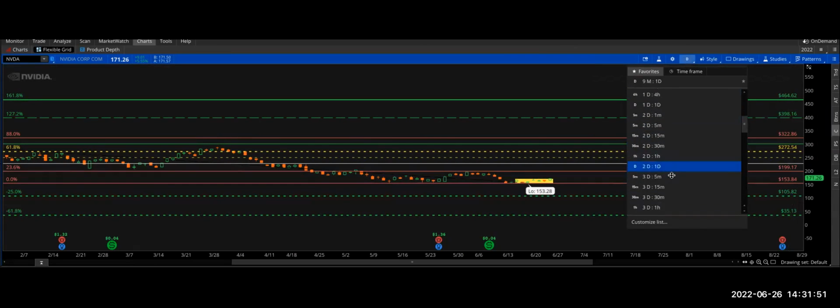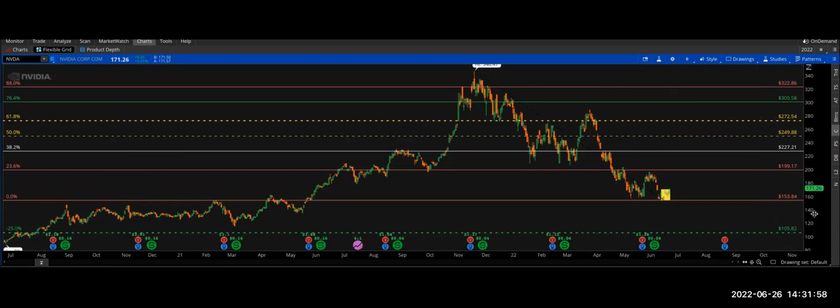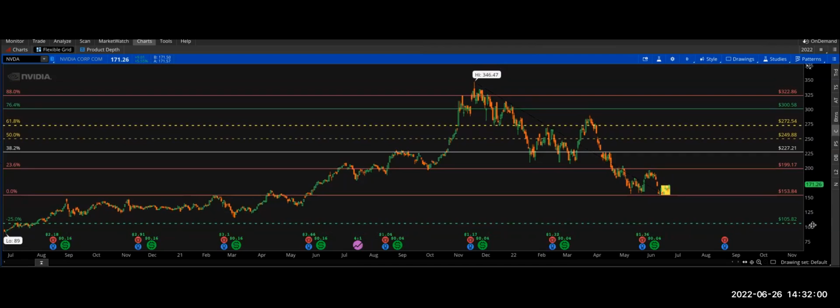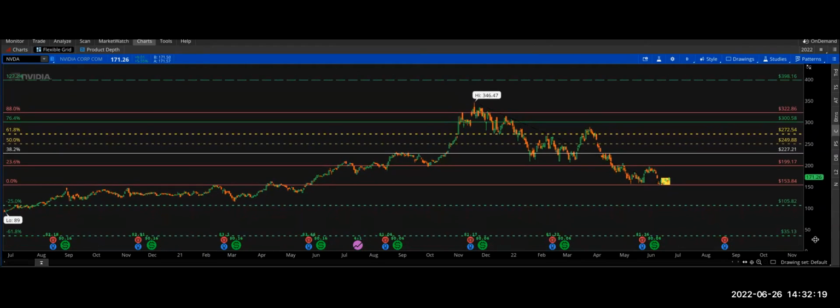if you go back here, if you go back to a 2-year, lo and behold, look over here. Did it hit 105.82? Absolutely. Resistance and support popped right through it. How long? Look. You have to look at the complete life cycle of a stock.